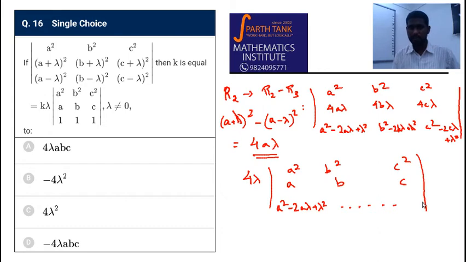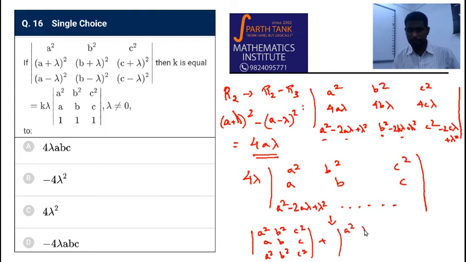Okay. Now you know that this determinant can be split into 3 determinants because the first 2 rows are the same, and this row is the summation of 3 different terms. The first determinant can be like this: a, b, c, and I can keep only a squared, b squared, c squared. Plus the second determinant would be a squared, b squared, c squared, a, b, c, and minus 2a lambda, minus 2b lambda, minus 2c lambda.